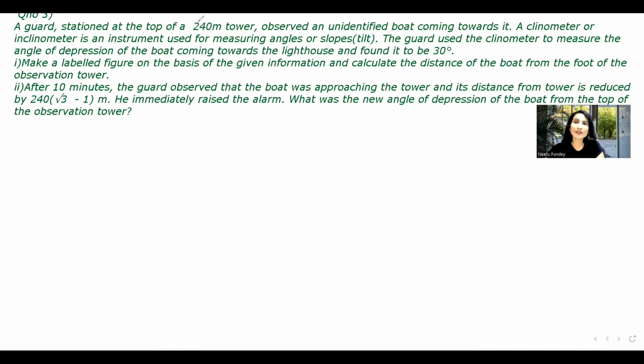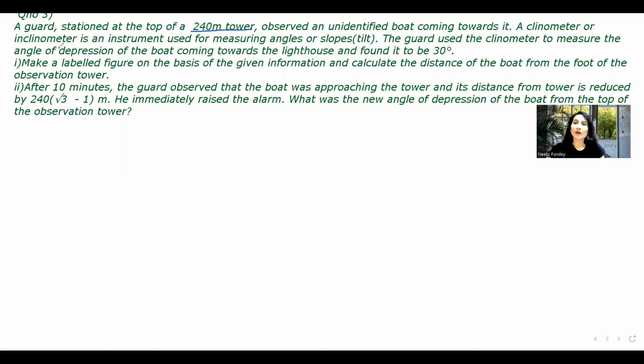Height of the tower is 240 meters, and he's standing on the top of the tower. He keeps on observing whether any unidentified person or boat or anything is coming from outside or not. So he observed an unidentified boat coming towards it.